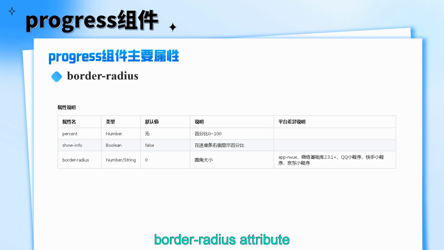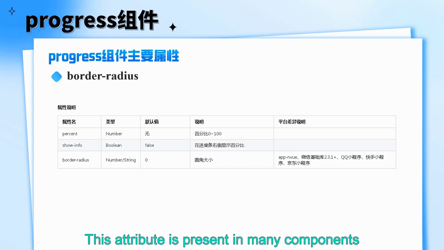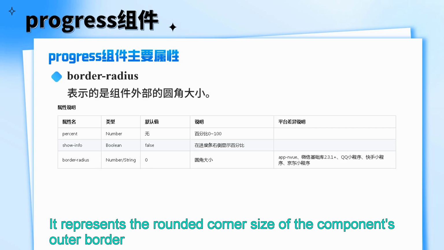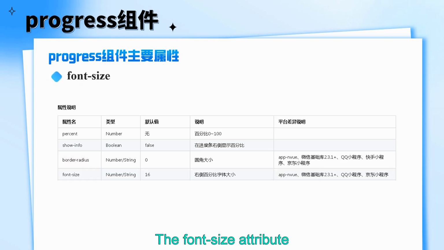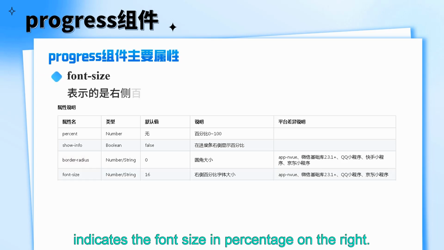Border radius attribute. This attribute is present in many components. It represents the rounded corner size of the component's outer border. When set to 50, it represents a circle. The font size attribute indicates the font size of the percentage on the right.